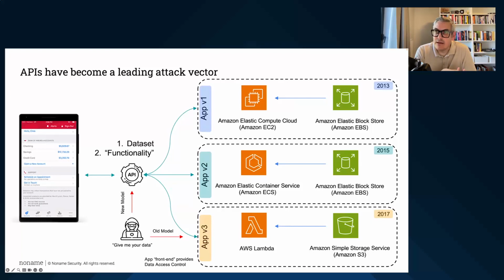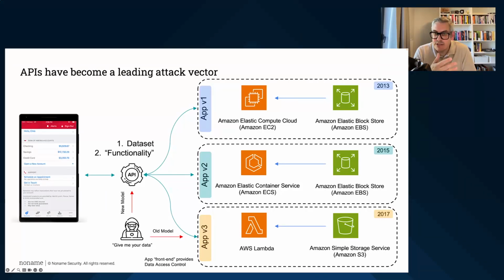So now the easiest path to that data is no longer attacking the environment, like breaching the network, figuring out how to breach the application, and then getting the data out. It's actually just querying or, quote unquote, attacking the API and getting the data that way. So what you see on the right side of the picture here is that as an organization, you can go through this evolutionary step of changing my application side.